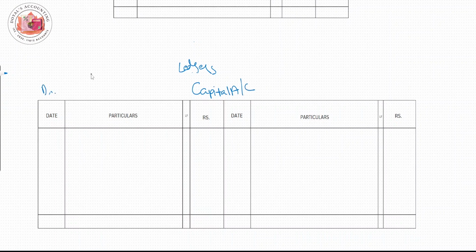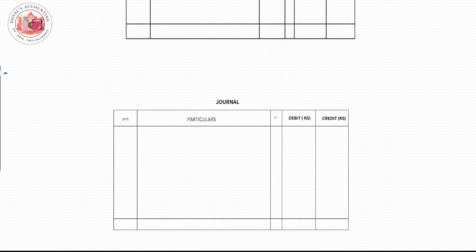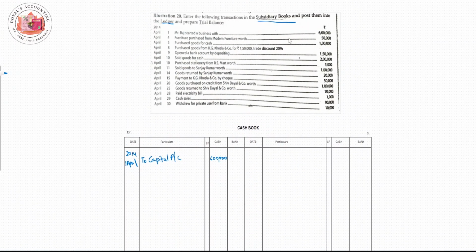Debit side, credit side. 2014, 1st April, by cash account 6 lakhs. In such questions, it is very helpful if you draw all the pro formas first. Then whatever transaction you have, you can quickly classify it and record it in the corresponding accounts.